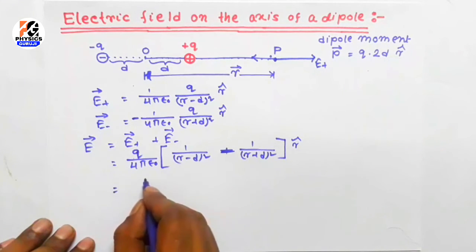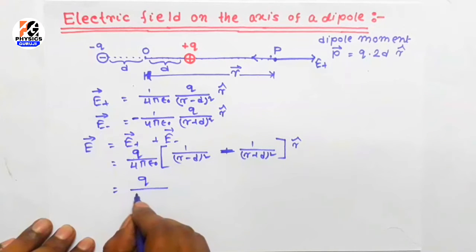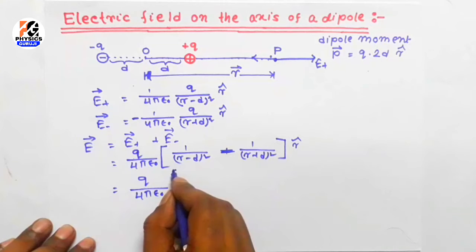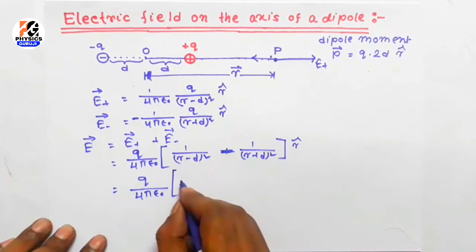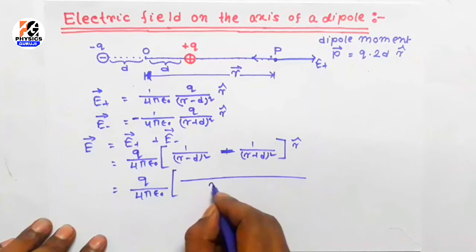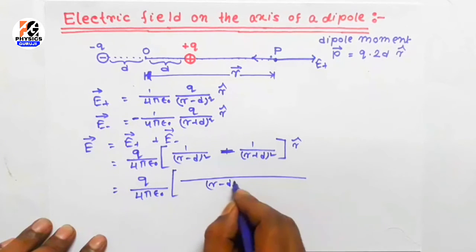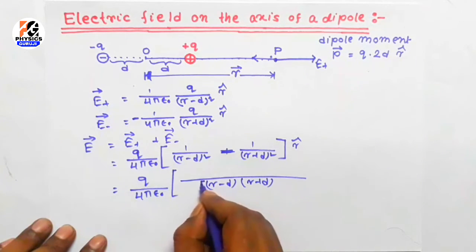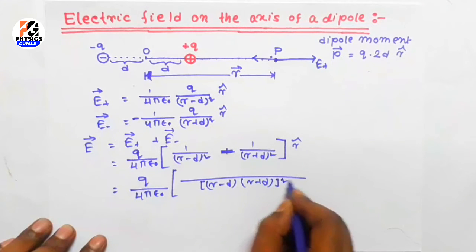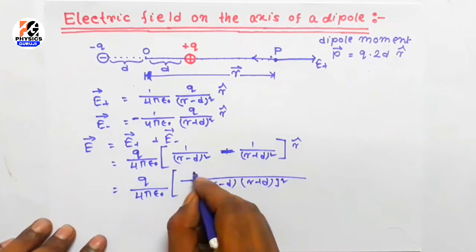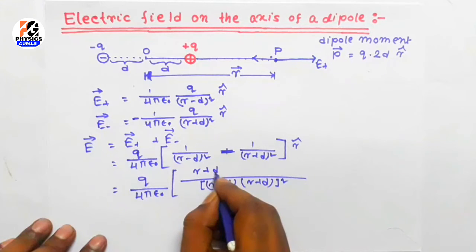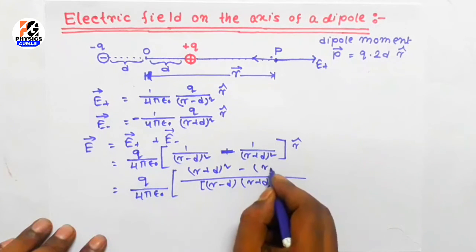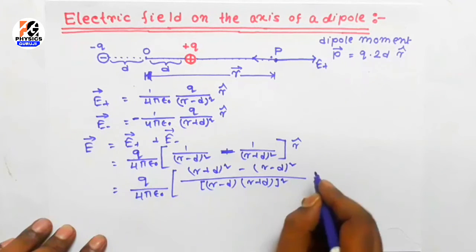It is equal to q by 4 pi epsilon 0 into, in the denominator, r minus d into r plus d whole square, and in the numerator, r plus d square minus r minus d square.